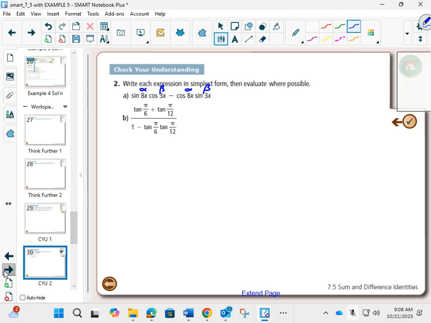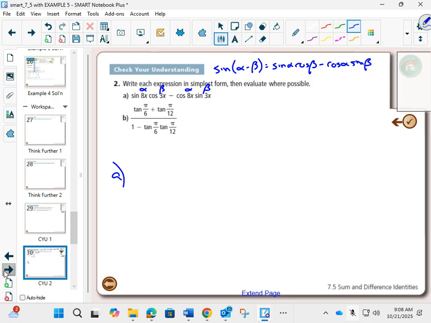And is there one that looks exactly like this? Yes. I go to my formula sheet and I notice that sine alpha minus beta is sine alpha cos beta minus cos alpha sine beta. Does that match up perfectly? It does. Sometimes they're going to match up close, but not exact, and then you have to do a little bit of algebra manipulations to make them match up exactly.